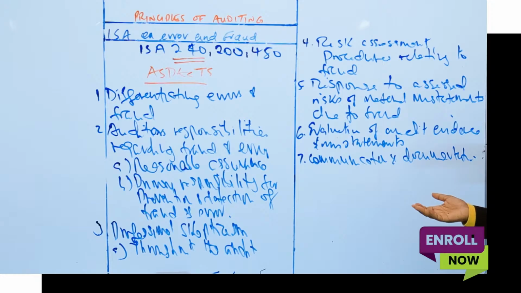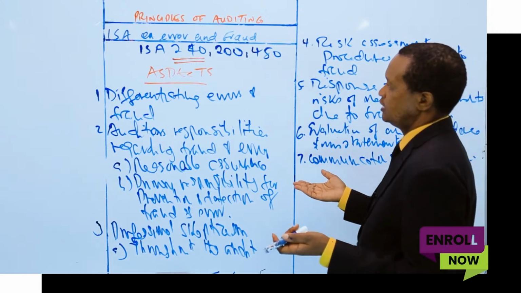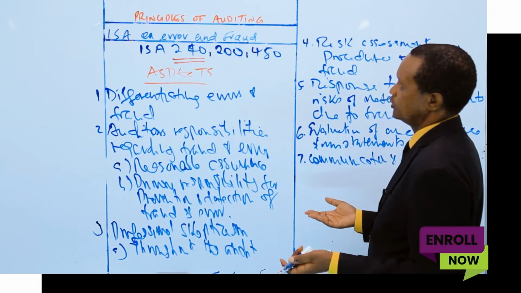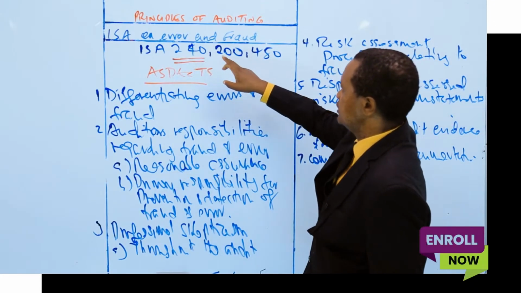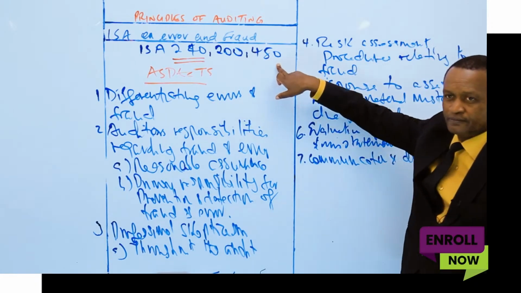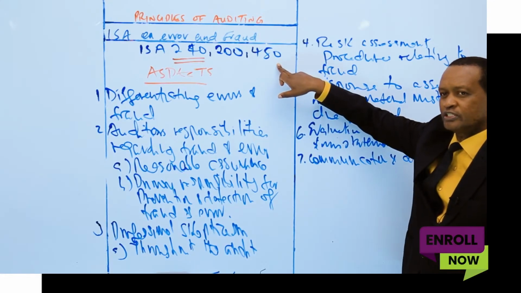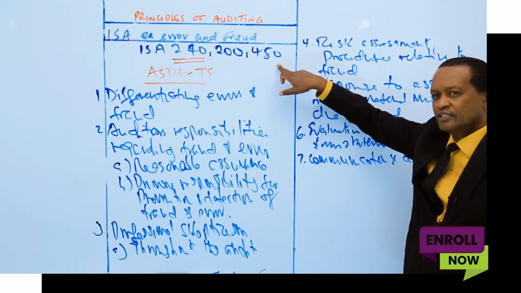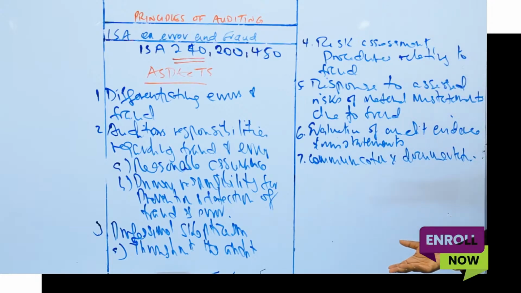So these are seven key areas or aspects of international standards on auditing on error and fraud, specifically ISA 240, ISA 200, and ISA 450. So, candidates, you've seen that international standards on auditing provide a robust framework for auditors to address the risks of both error and fraud.